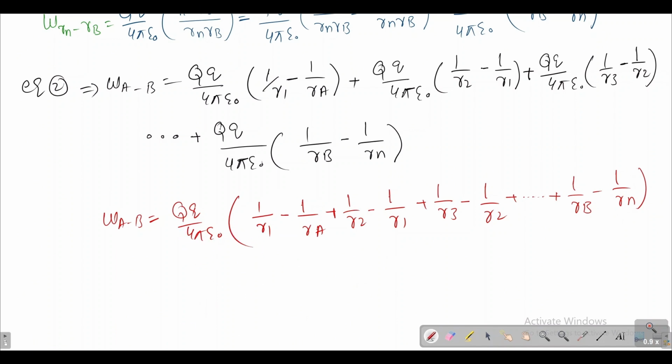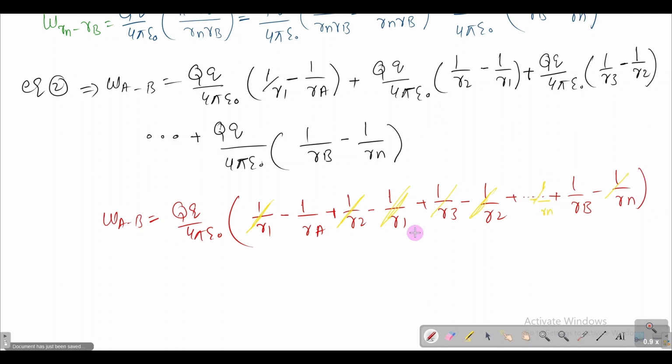So here this r1 cancels with this r1, and similarly this r2 cancels with this r2, and in this way this r3 will also cancel here with minus r3, and this minus rn will be cancelled, and here will be present 1 over minus rn.